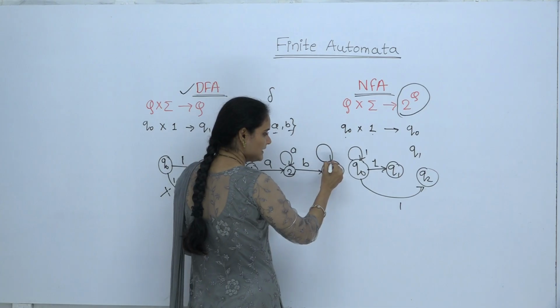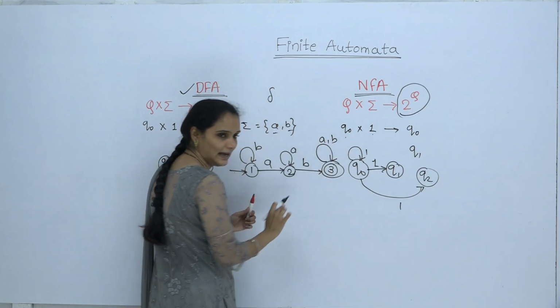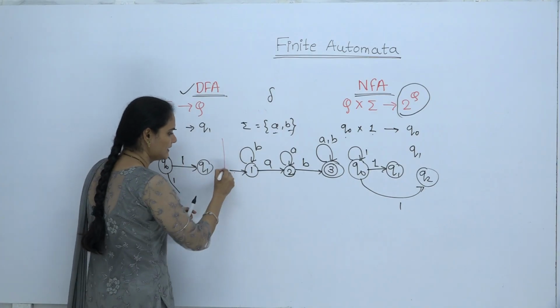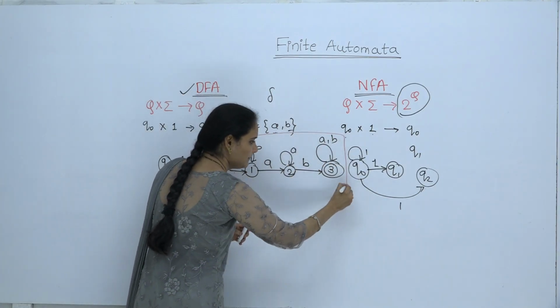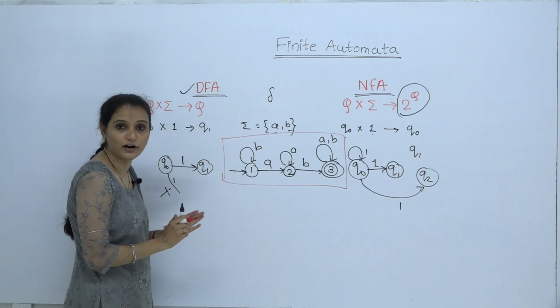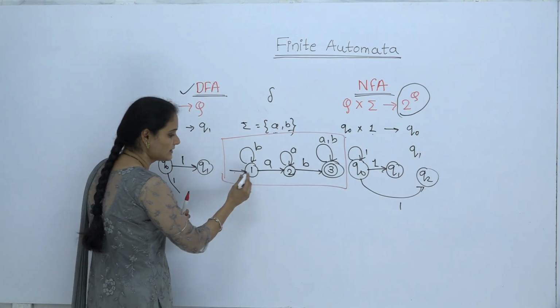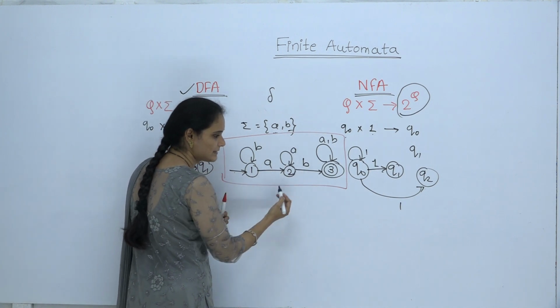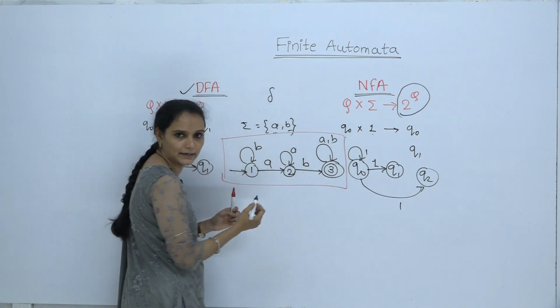Then suppose at 3 there is a loop of A and B. So students, now that particular diagram we can call a DFA, because from 1 A and B go, from 2 it is also complete, and from 3 A and B go.